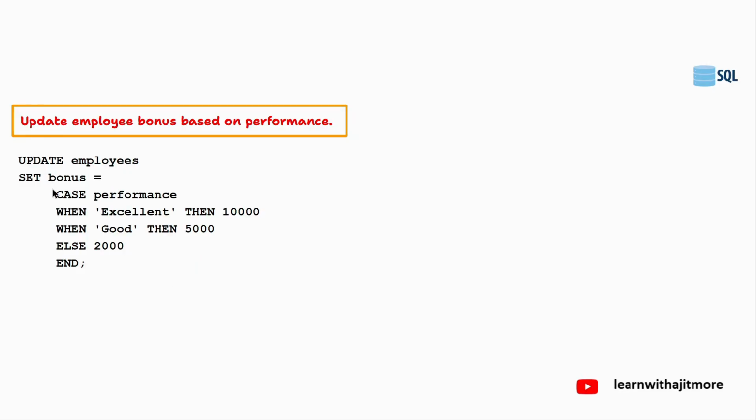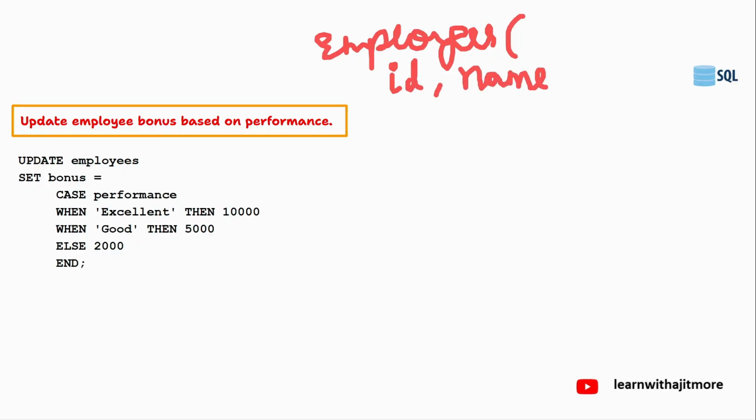See, you're updating the bonus column of the employees table. Here we are assuming that there is one employees table, and in the employees table there is one bonus column. But what will be given to bonus depends on the performance column. The employees table has the fields employee ID, the name of the employee, the salary of the employee, the performance of the employee, and last is the bonus column.